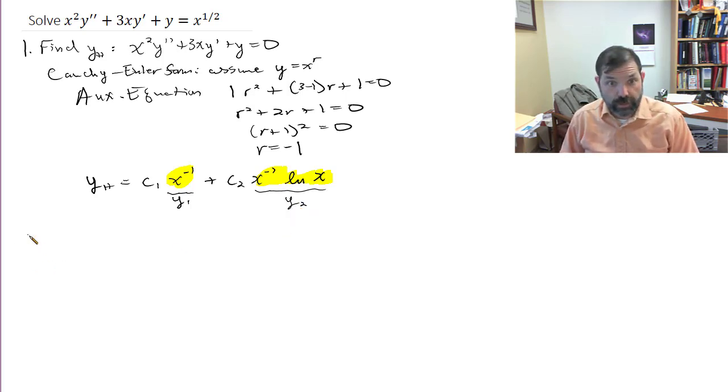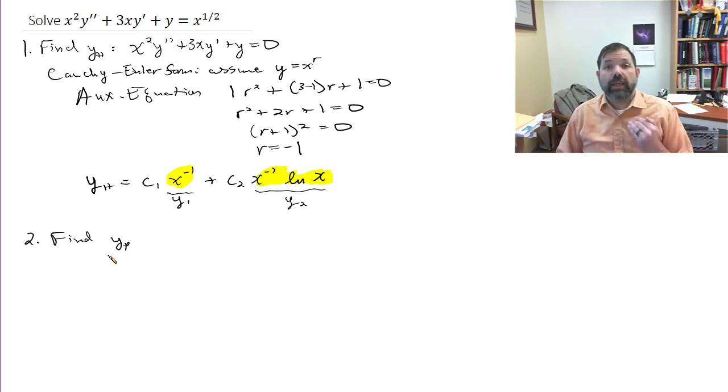All right, so second, we have to find the yp. I cannot use undetermined coefficients. I do not have a constant coefficient equation, so undetermined coefficients will not work. I am going to use variation of parameters.